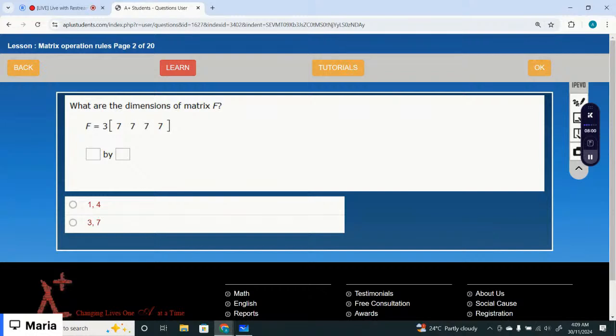So the matrix F has the same dimensions. It has one row and four columns, 1 by 4. Option number 1 is the correct option.